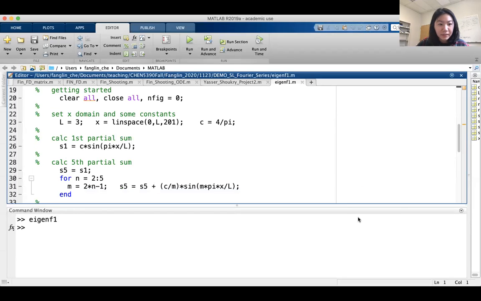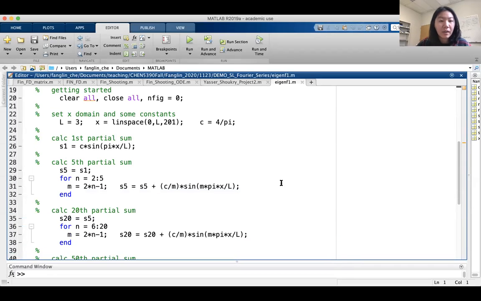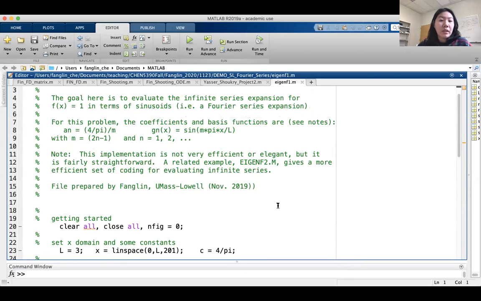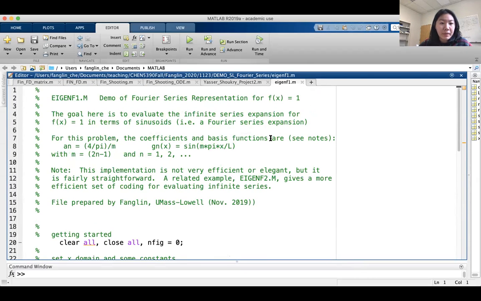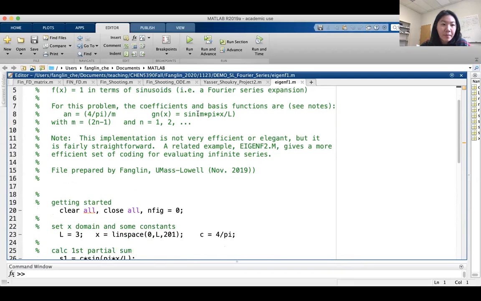Okay, you can see the screen. This is the script, using generalized Fourier series to represent the f(x) function equals 1. The goal here is to evaluate the infinite series expansion for f(x) equals 1 in terms of a sine cosine series, which is the Fourier series expansion.